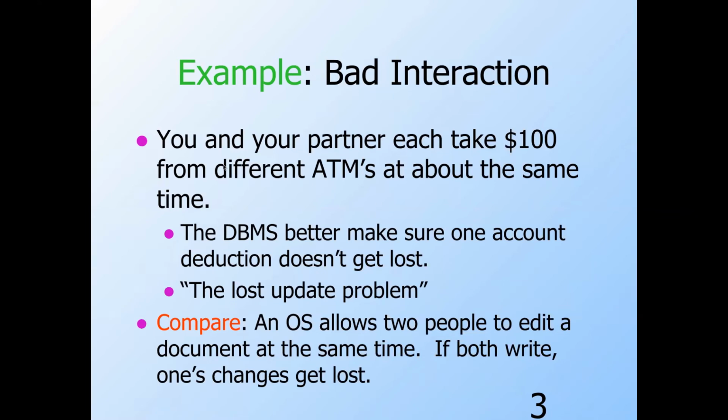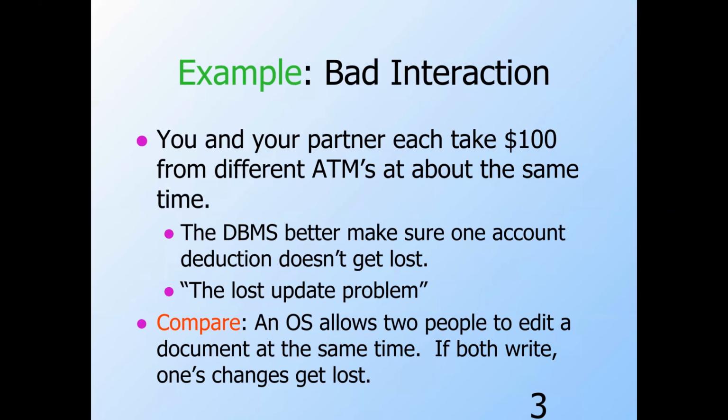This is very problematic. Let's say you have a joint bank account, and you and your partner both take out $100 from ATMs at about the same time. The database better make sure that one deduction doesn't get lost. So let's work this example.